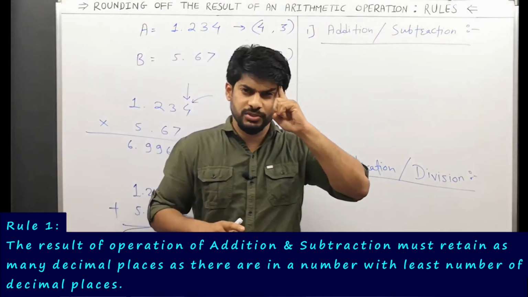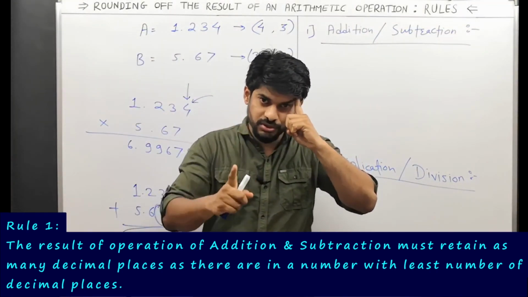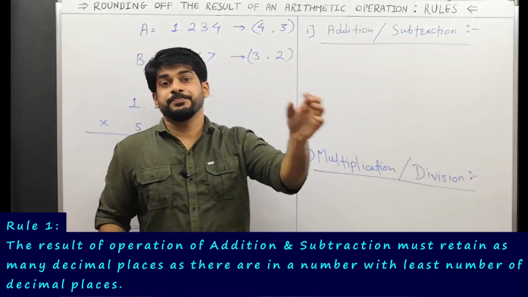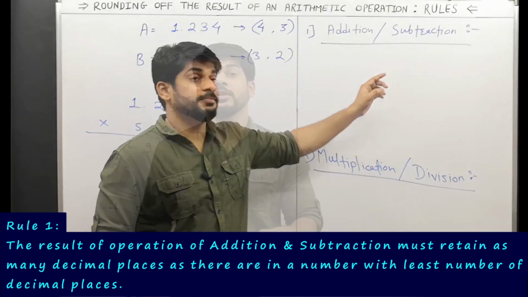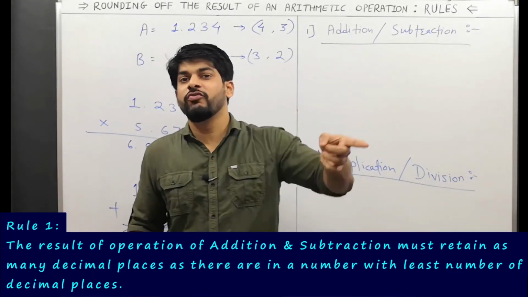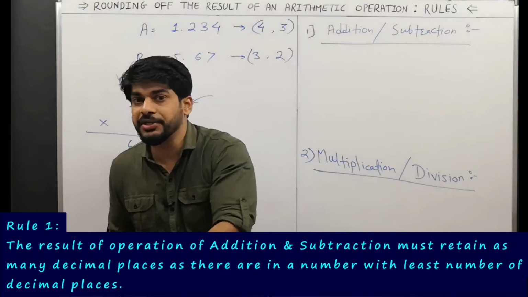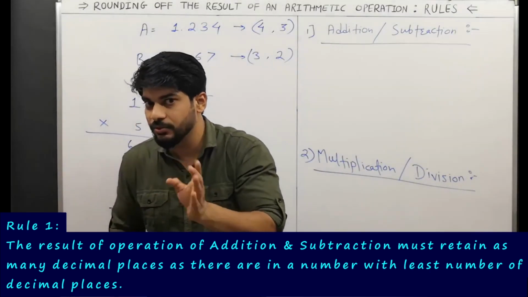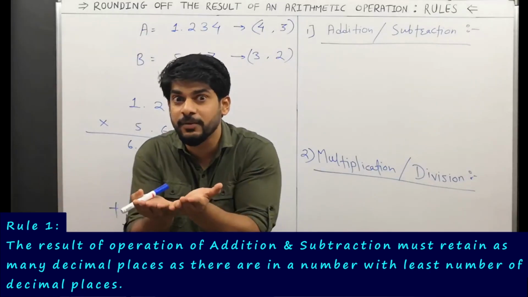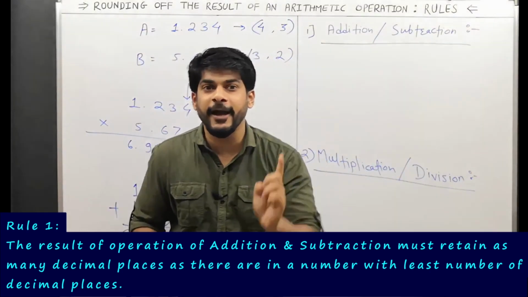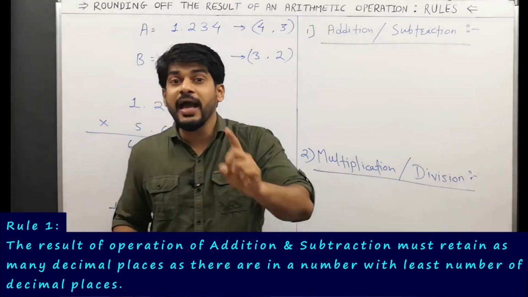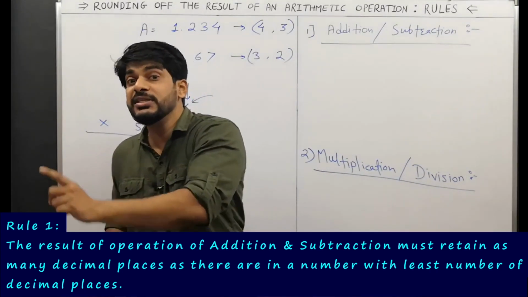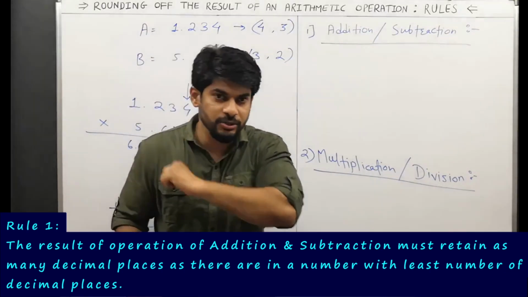Just listen to this carefully. The rule says that the result of addition or subtraction should retain as many decimal places as there are in the number with the least number of decimal places. I will tell you the example.